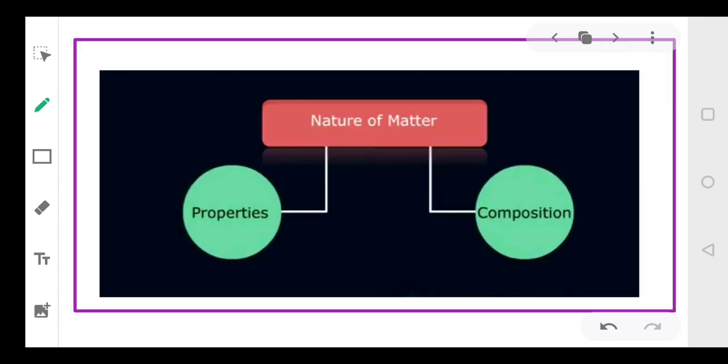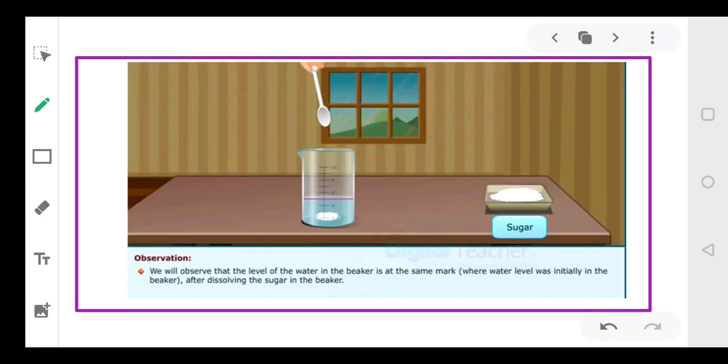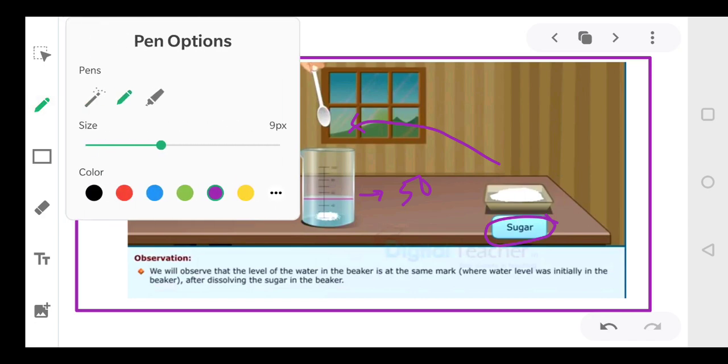Now we can talk about the nature of matter based on its properties and its composition: what are the properties of solids, liquids and gases, and what are they made up of. Suppose we have a beaker of water, and we mark the level.